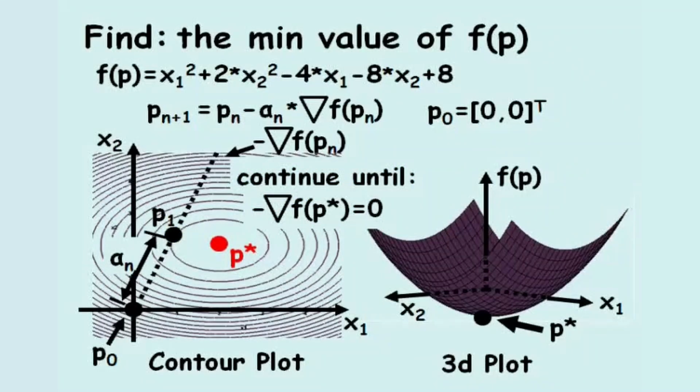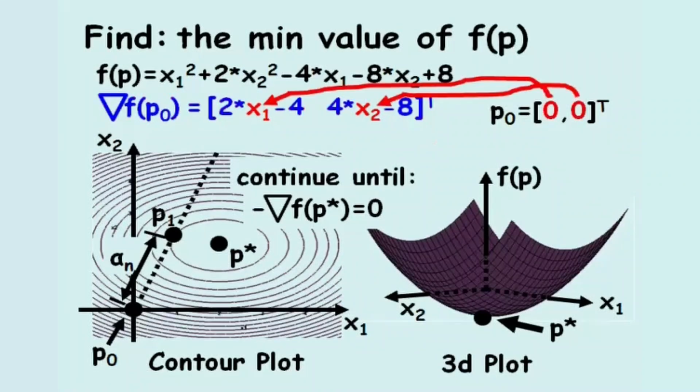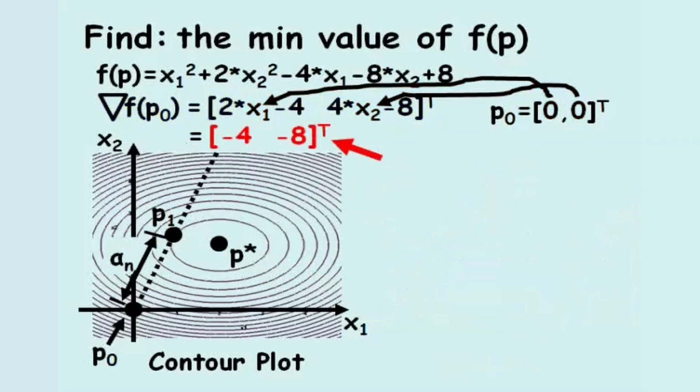To begin, we'll compute the gradient of f of p, which equals 2 times x1 minus 4, 4 times x2 minus 8, which makes the gradient at our starting point, 0, 0, equal to negative 4, negative 8.